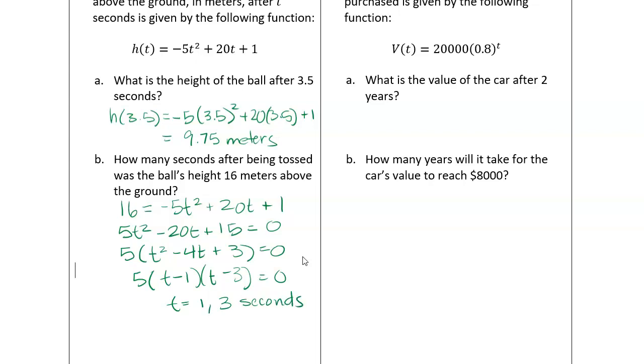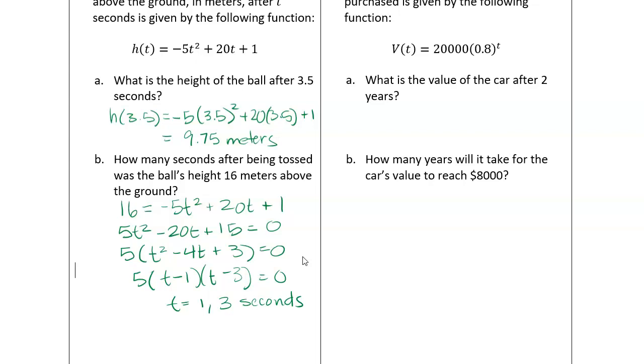I have two answers, two times when the ball reaches 16 meters. That makes sense given the context of the problem because it's the flight of a ball. You're tossing it straight up into the air. It's going to pass 16 meters sometime on the way up, and it's going to pass 16 meters again on the way down. So it makes sense that there are two solutions.